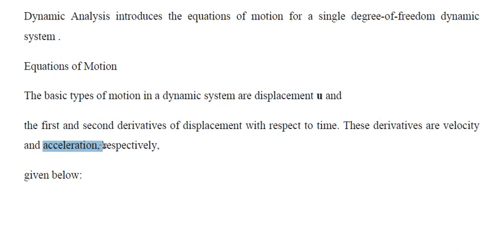Both are the same. Either we differentiate displacement twice or differentiate velocity once, both will result in the response acceleration. So what are the three parameters in the equation of motion of dynamic analysis? They are displacement u, velocity v, and acceleration a.